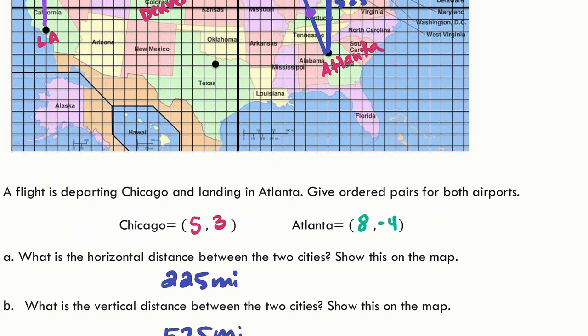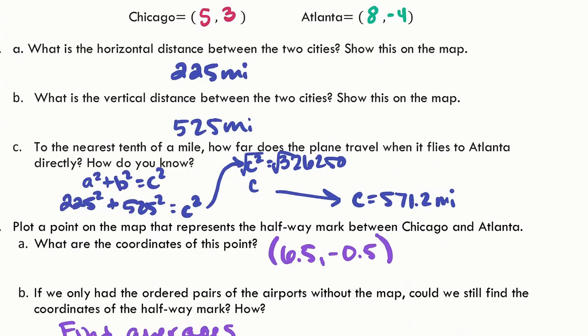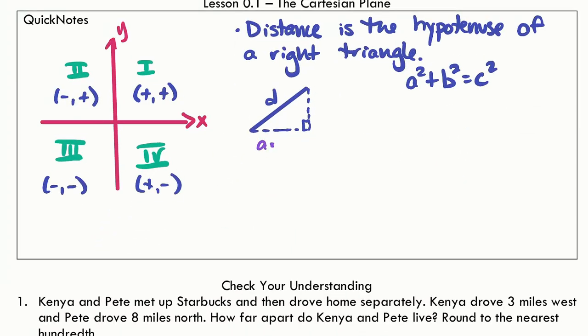If you just wanted to find how much space is between 5 and 8, what would you do? You just subtract, yeah. And so that is just subtracting your x coordinates. Make sure in the order, well, it doesn't matter. Those should be positive distance. All right, and then finding b, we're going to subtract the y coordinates.